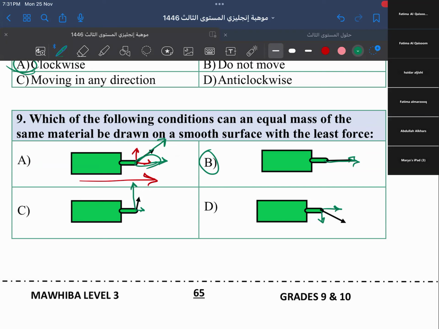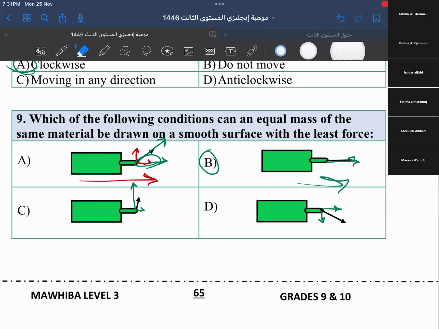Okay, is it clear? No. It's not clear yet? No. Okay, so here, try to imagine pulling the box upward. When you're pulling it upward, you need more force to move it to the right. What you want is moving it in this direction.